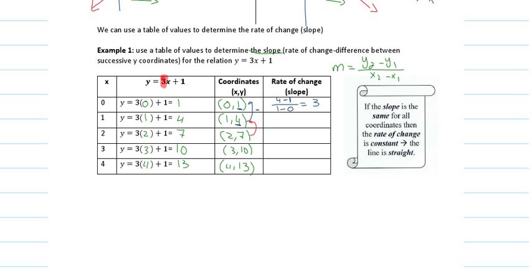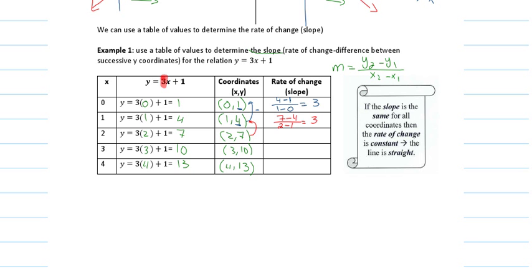What is it? 7 minus 4 over 2 minus 1. Perfect. 7 minus 4 is 3. 2 minus 1 is 1. So 3 over 1, which is 3. Okay? So you start from the bottom to the top.